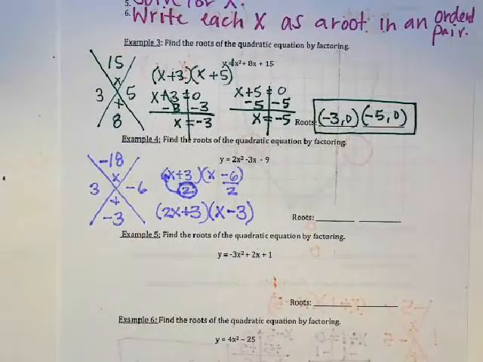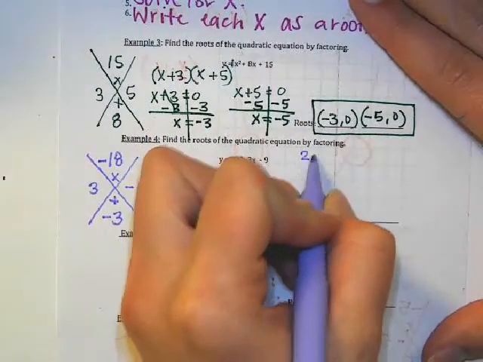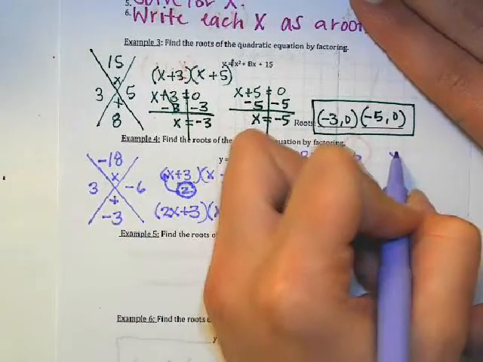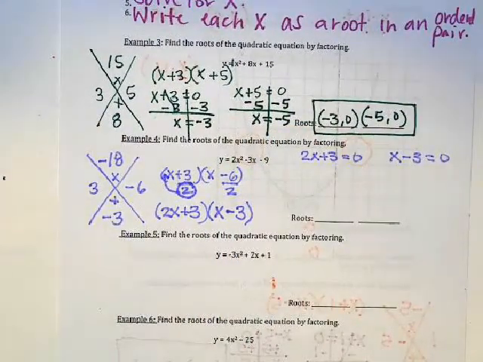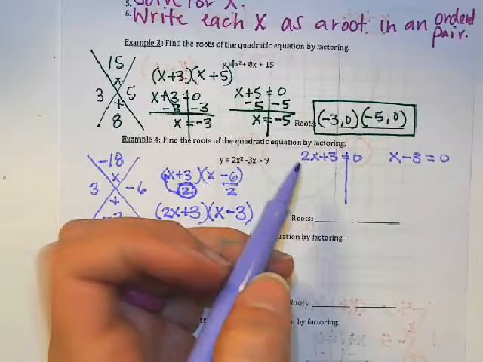Okay, now am I ready to solve? Yes. Okay, so 2x plus 3 equals 0, and x minus 3 equals 0. Draw your line. Now this one's adding another step to it.